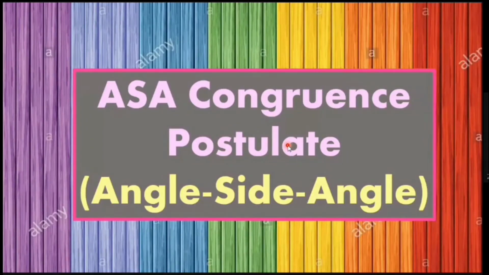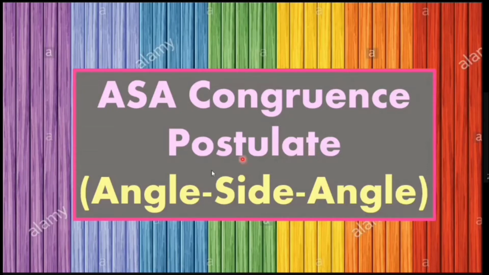What do we mean by ASA congruence postulate? ASA here stands for angle, side, angle. So just like the SSS and SAS congruence postulates, we need to prove that three pairs of corresponding parts between two triangles are congruent before we can say that the two triangles are also congruent.